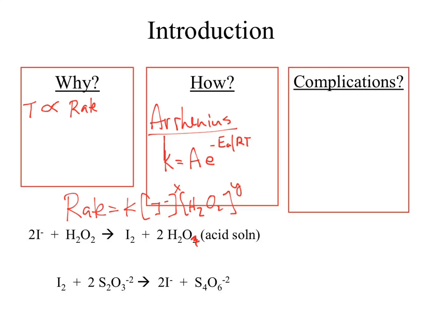The concentration, or our rate divided by our concentrations. But to do that, what do we need to know? We need to know the orders of our reaction. Okay, so one of our limitations with this experiment is that we need to know our rate constant. And to solve for the rate constant, we need to know the rate law.